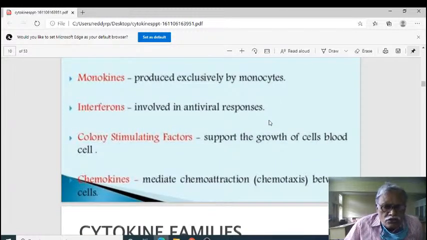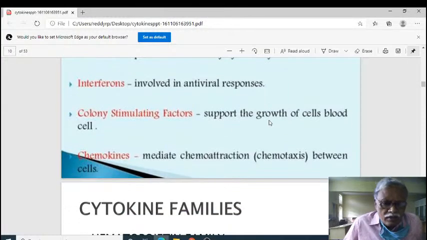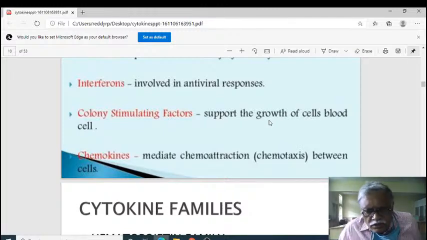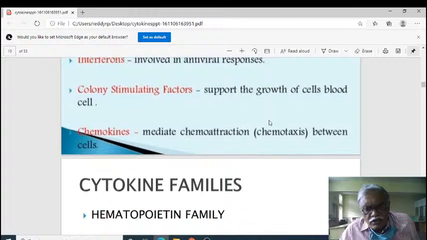So the colony stimulating factors support the growth of blood cells. The chemokines mediate chemoattraction, that is chemotaxis, between the two cells.